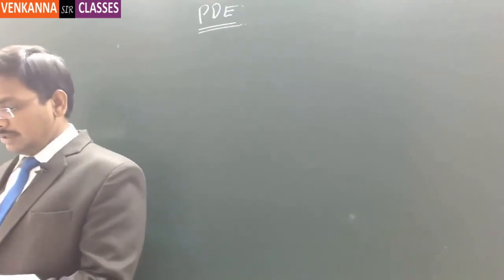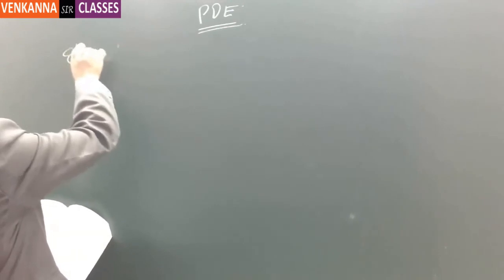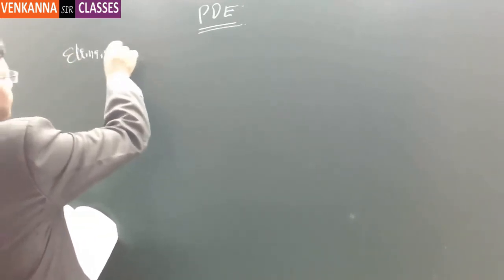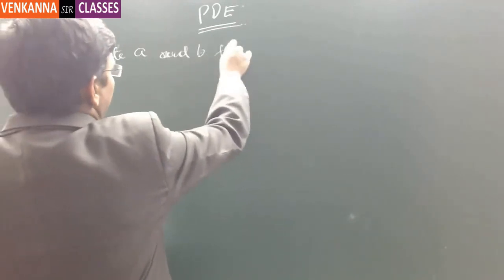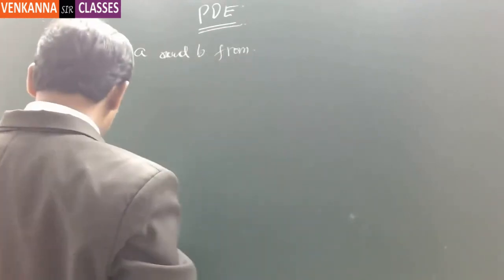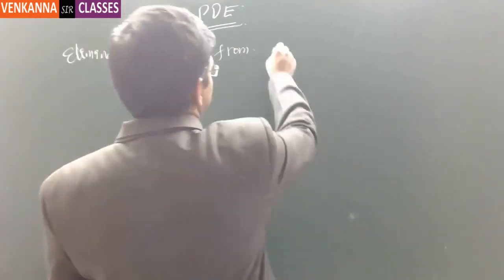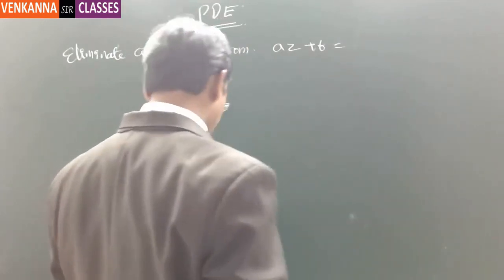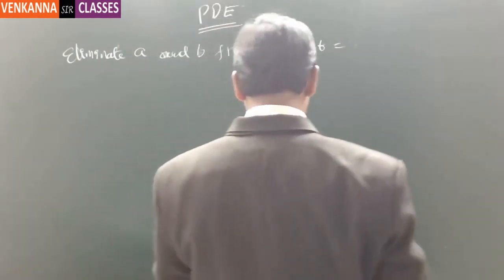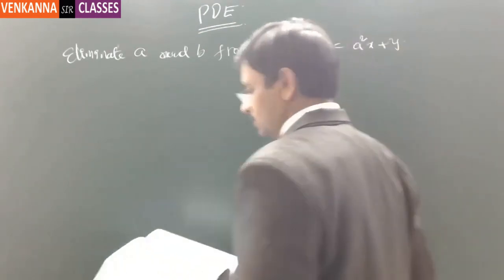Eliminate A and B from AZ plus B equal to A square X plus Y. So can you solve this?